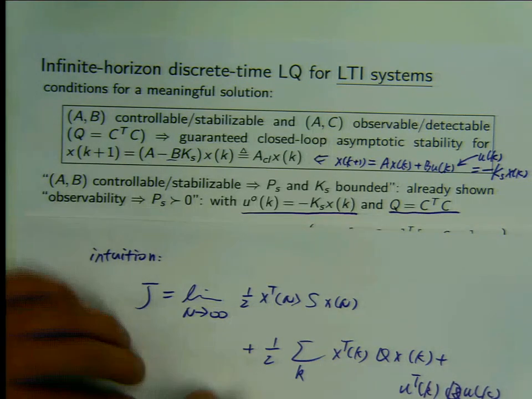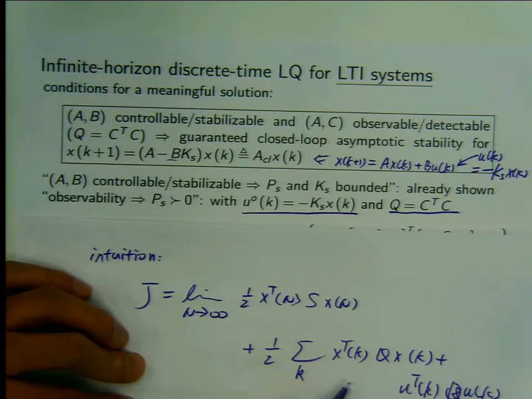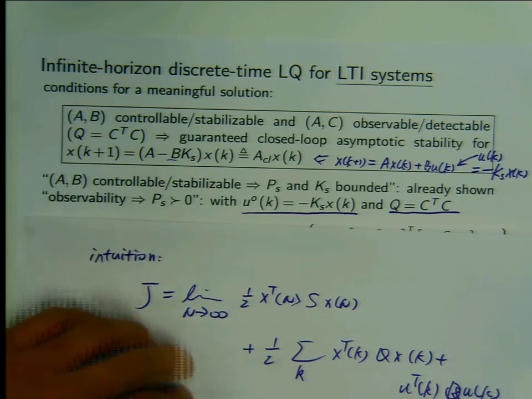So we have sort of seen the controllability condition means we can control the states. So the final cost is going to be finite, all right? And the observability condition kind of makes sense in this way. If the system is observable, it means we can see how the system is going on from the states, from this cost, right?